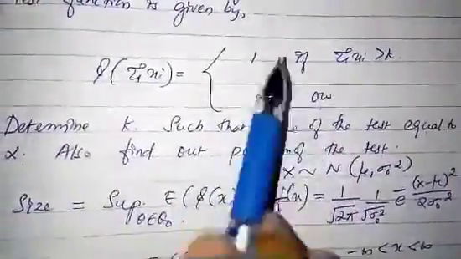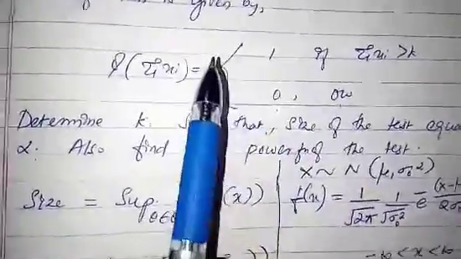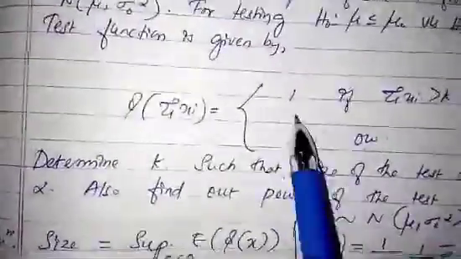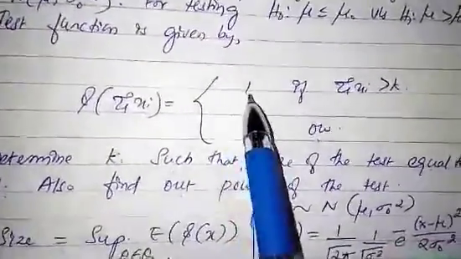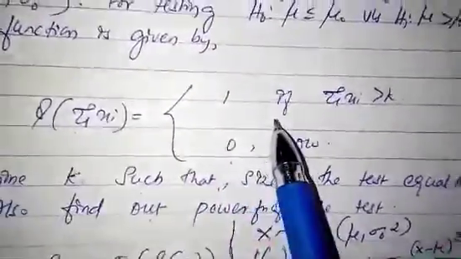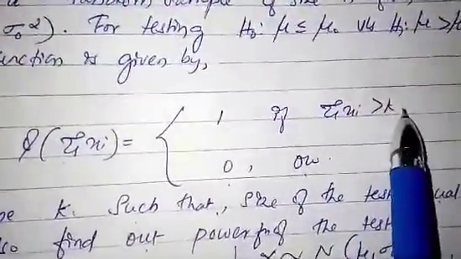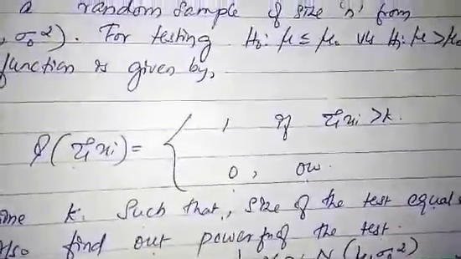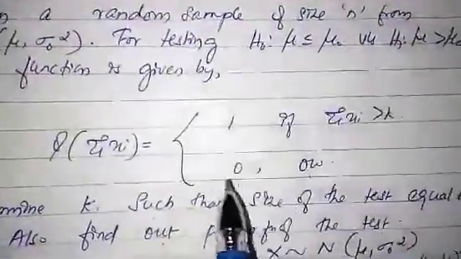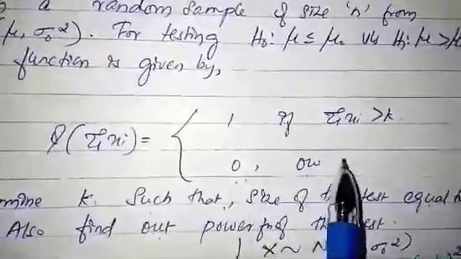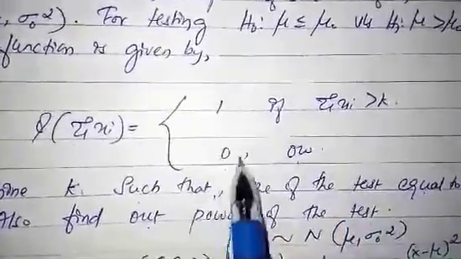We know the interpretation of the test function: we reject H naught if summation Xi is greater than k with probability 1, and we reject H naught if summation Xi is less than or equal to k with probability 0.